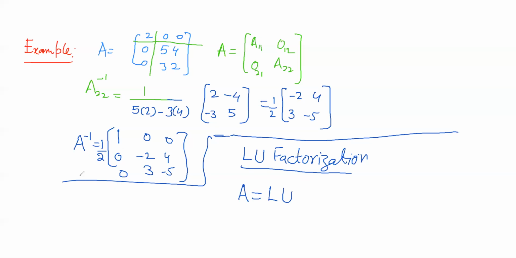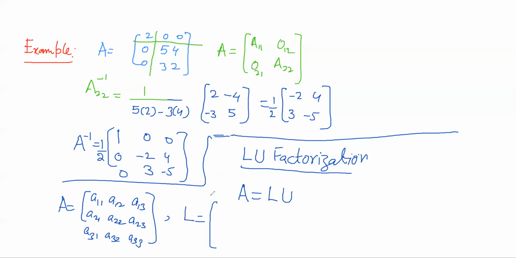So for example, if we have a matrix something like this, A11, A12, A13, A21, A22, A23, A31, A32, A33. Its factorization into lower and upper will be something like this.